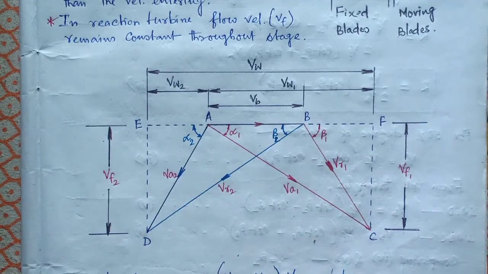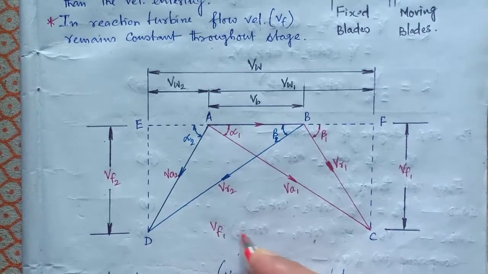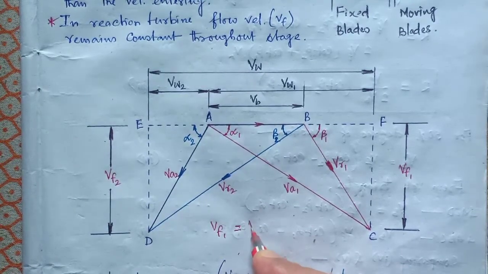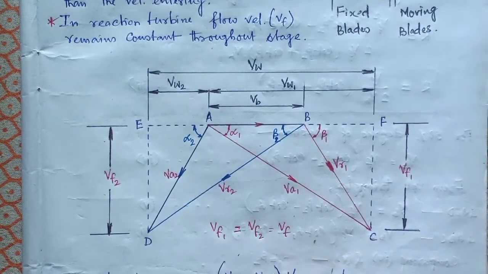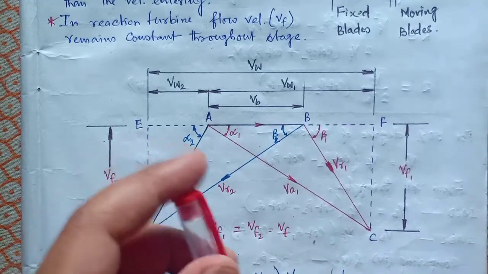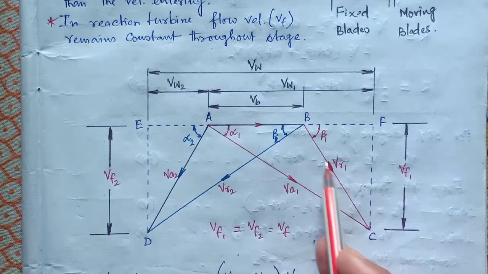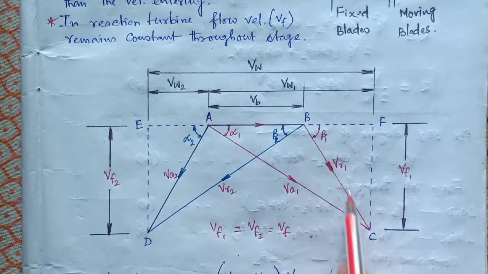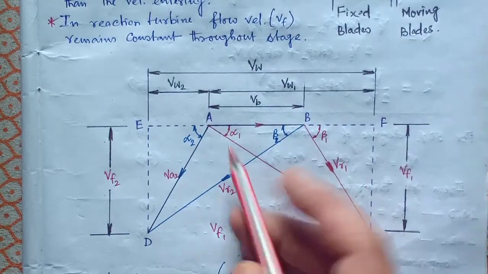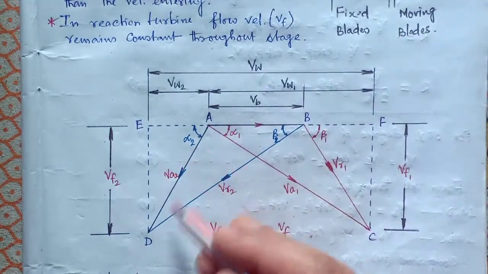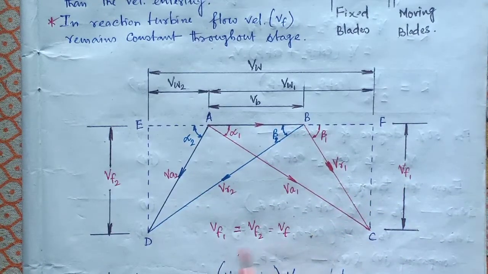So we can write here that flow velocity 1 equals flow velocity 2, simply VF. And obviously VR1, the relative velocity of steam at entering, equals the absolute velocity of steam at leaving. These have to be equal because of these two.